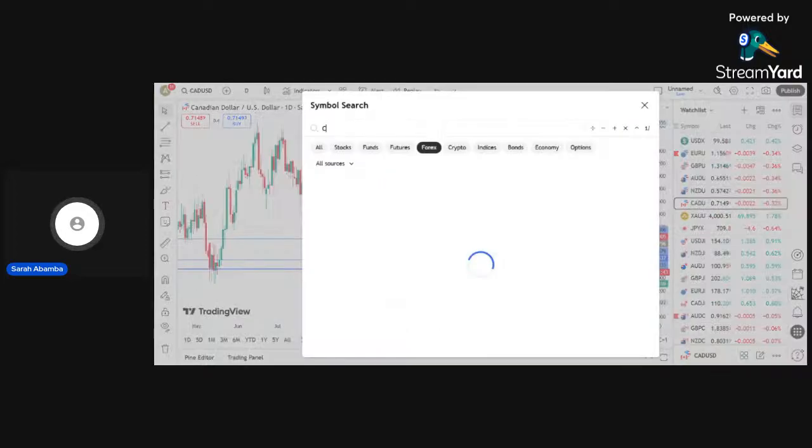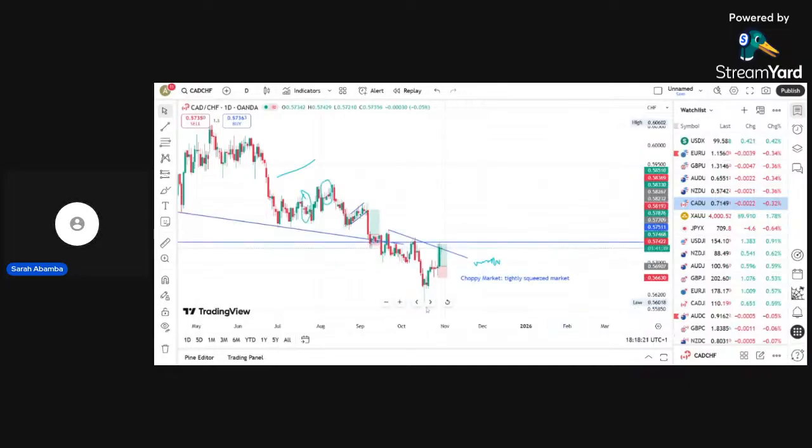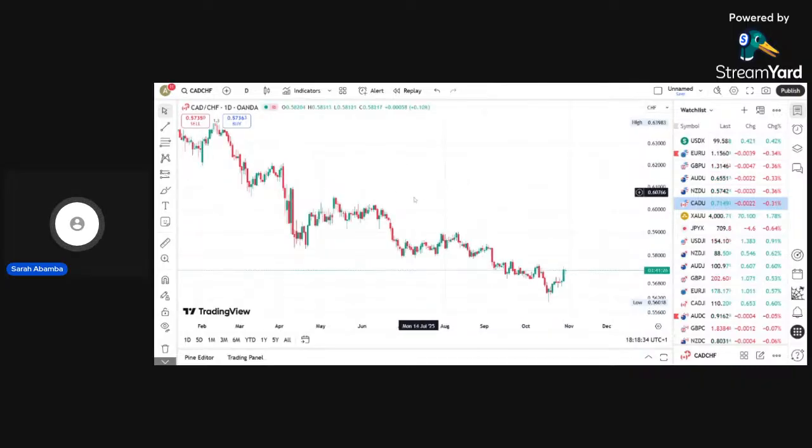Let me just clear everything so that we do it again, because sometimes people will just think that I've marked my chart before. So let me look for a fresh chart so that we learn it together.